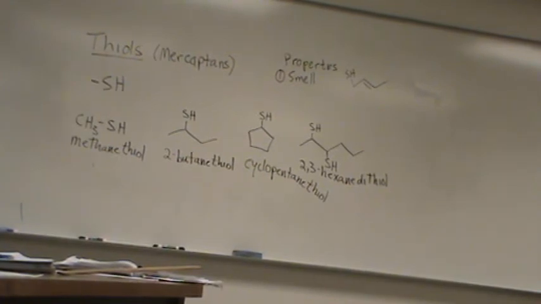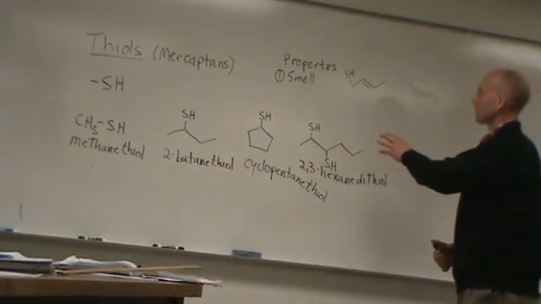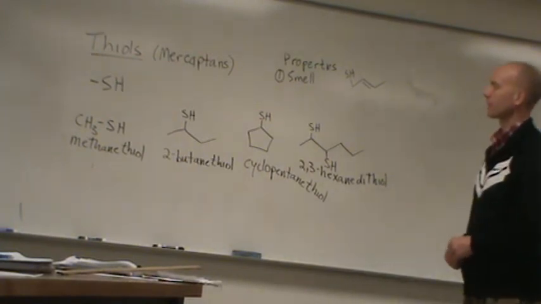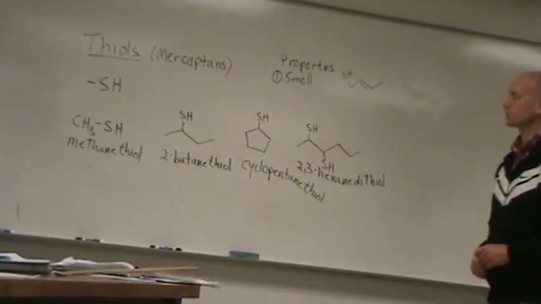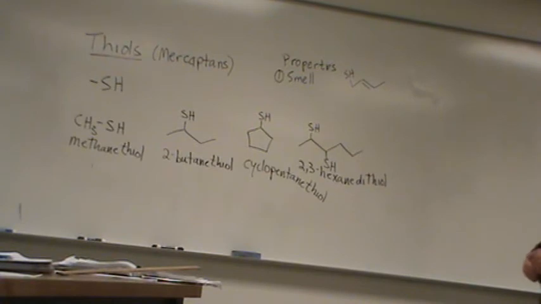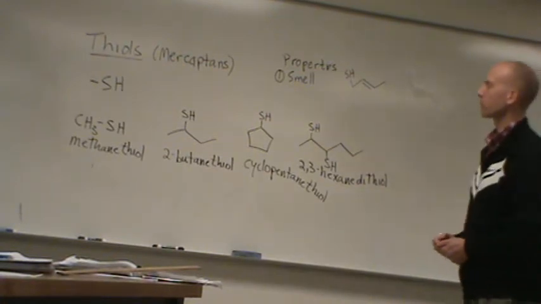Does the stink bug have that too? I don't know. They smell the same. Maybe. I'll have to ask the biology teachers. So thiols generally have really bad smells. Let's look at a second property.